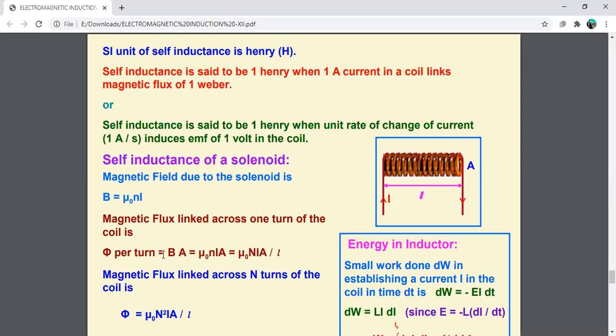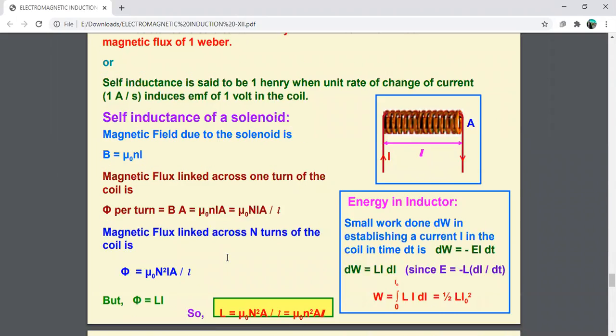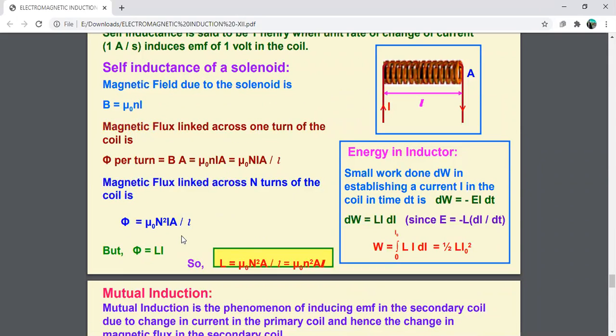So we see here, by comparing this one, this is the magnetic flux linked with this coil. How? Try to understand. This is the flux due to a single turn, as already given here.